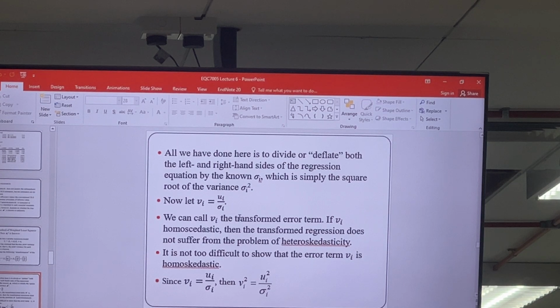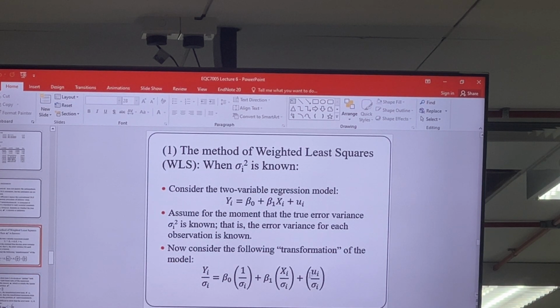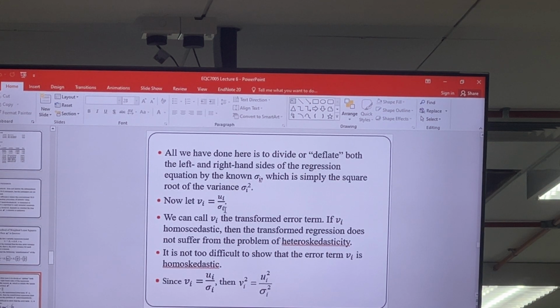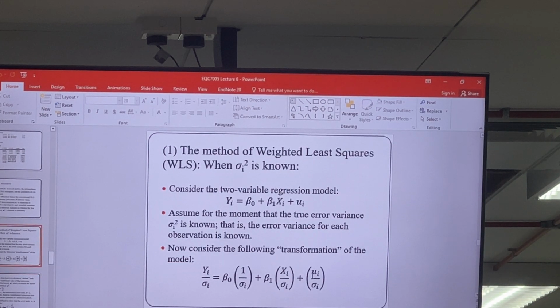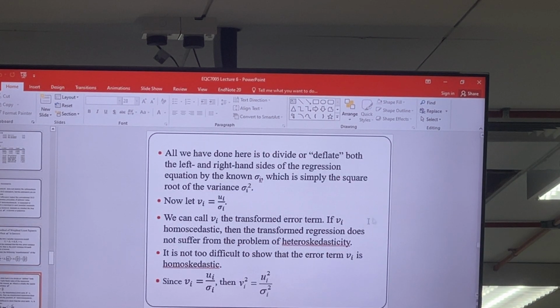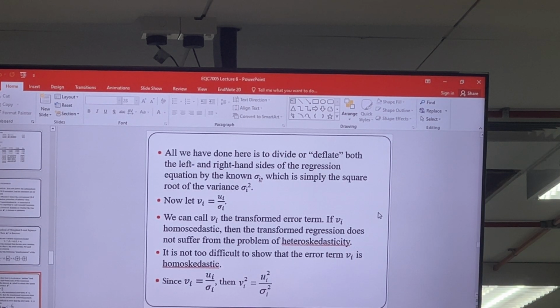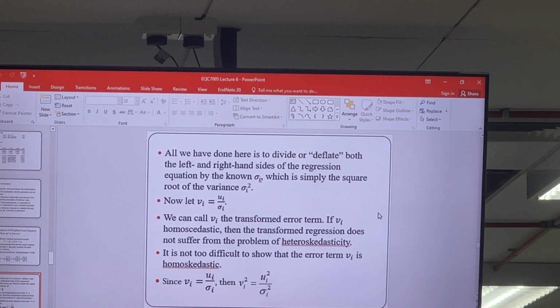Now let the error term of the transformed equation be a new error term. We call it v i, the transformed error term. If v i is homoscedastic, then the transformed regression does not suffer from the problem of heteroscedasticity. It is not too difficult to show that the error term v i is homoscedastic.